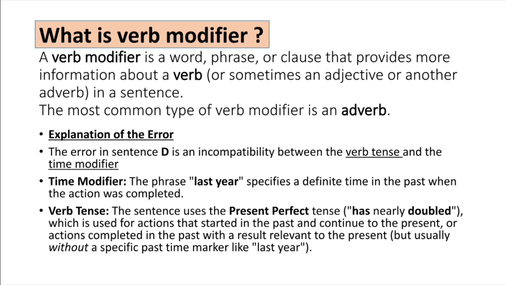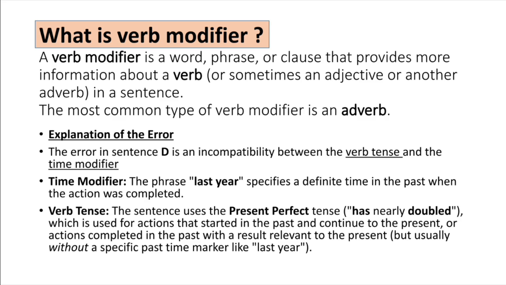Now, coming to the explanation, the error is in sentence D. There is an incompatibility between the verb tense and the time modifier. The phrase "last year" specifies a definite time in the past when the action was completed.